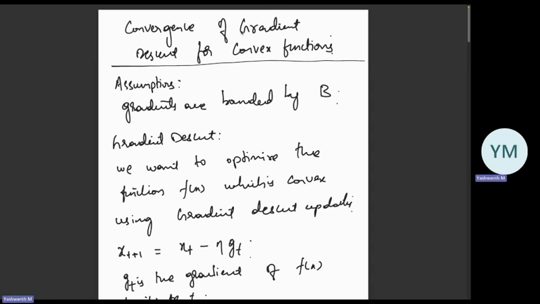So we want to optimize the function f of x, which is convex, using the gradient descent updates.